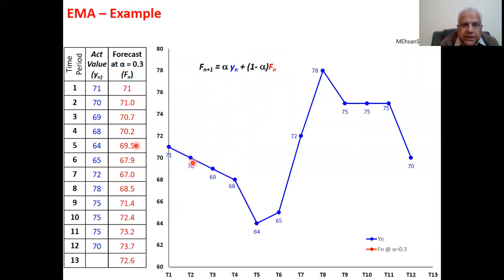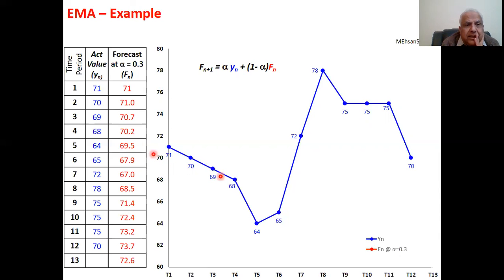If we have to plot it, this is the forecasting data, this is the time series T1, T2, T3. This is the data. And this is your actual data, 71, 70, 69, 71, 70, 69.